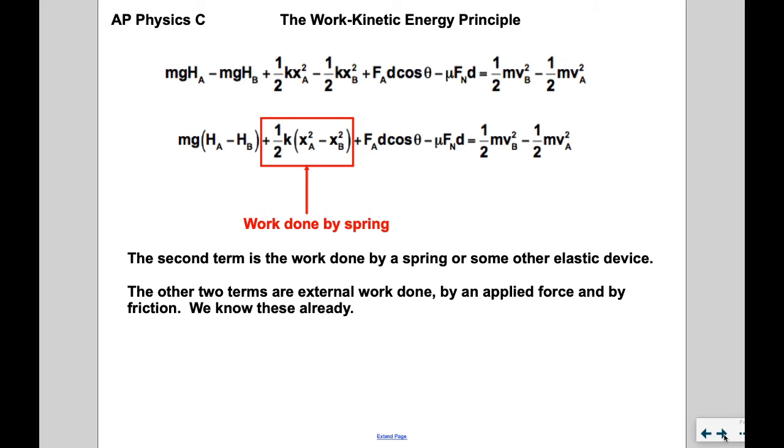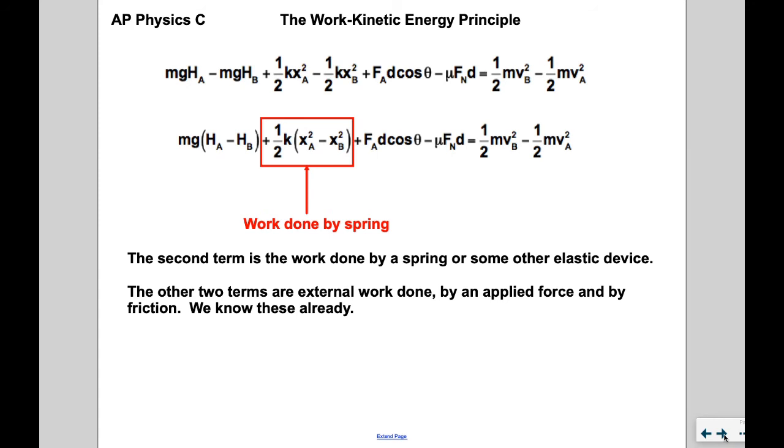Conversely, if the final deformation is greater than the initial deformation, that would imply that this work done by the spring is negative, in which case the spring is actually taking energy away from the surroundings. So the spring would have more energy in it at the end, at point B, than it did at point A.